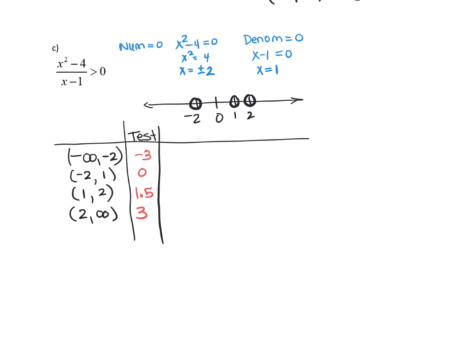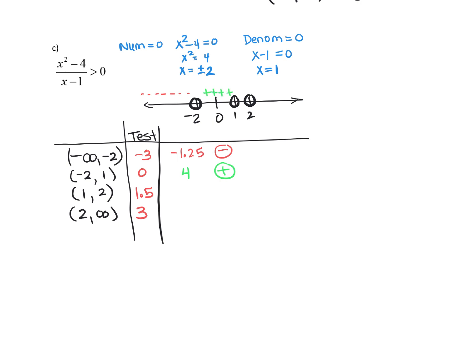When we plug in negative 3, you should get negative 1.25 or a negative result. So in here it will be negative. When you plug in 0, you should get 4, which is a positive result. So in here you will get positive.